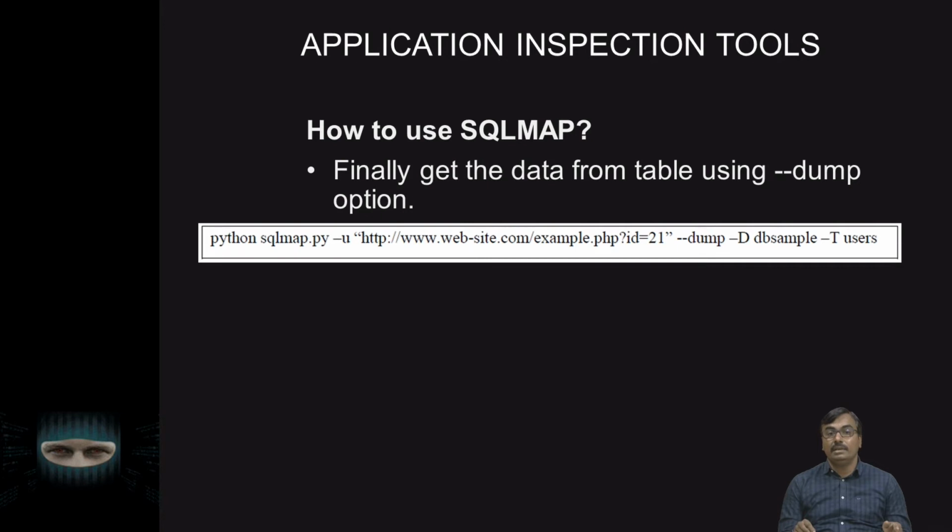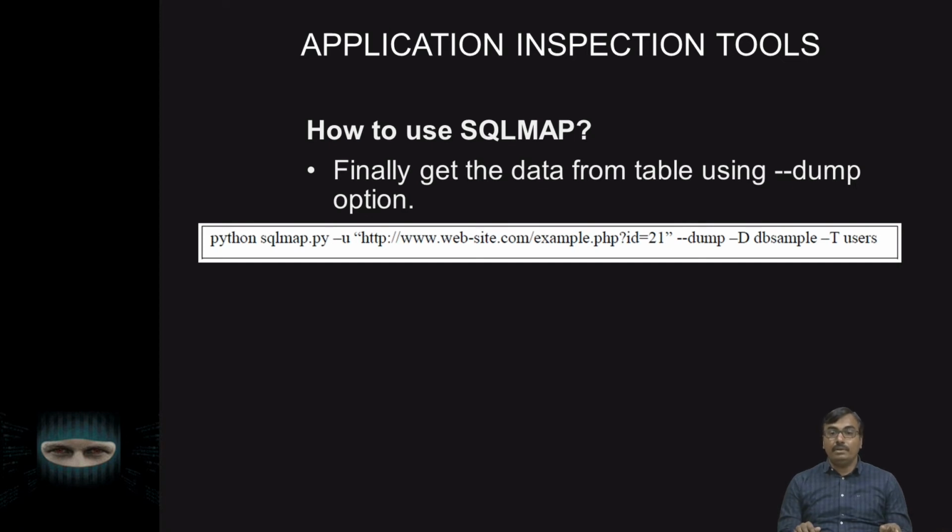After that, if we have the columns, then we can get the data. So finally we get the data from the table using the --dump option. Here you can see the example for getting the data of the DB sample database from a specific table, in our case the users table.